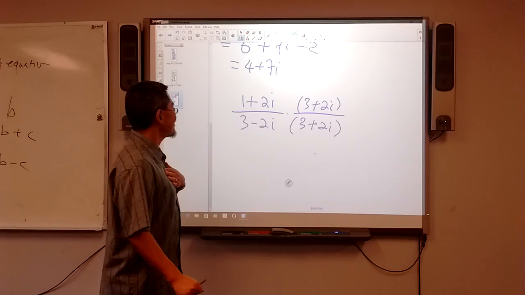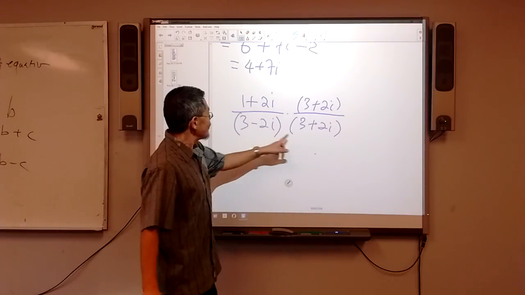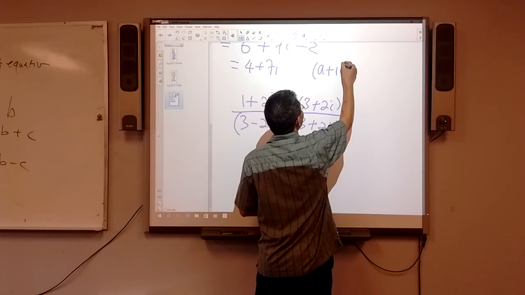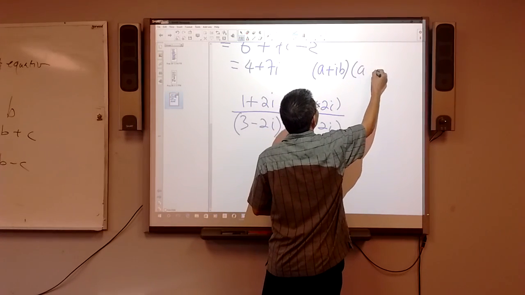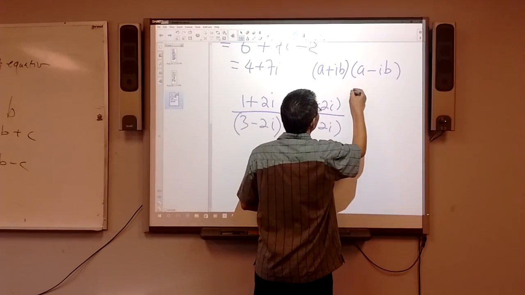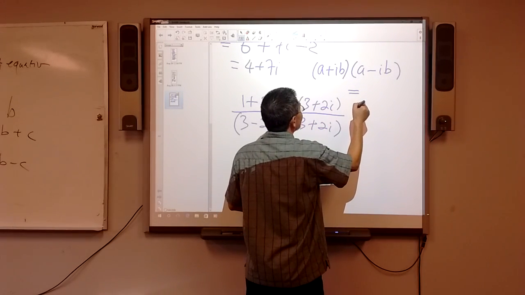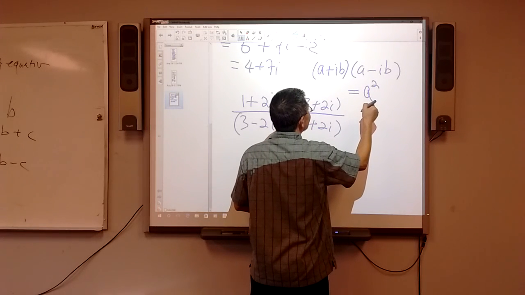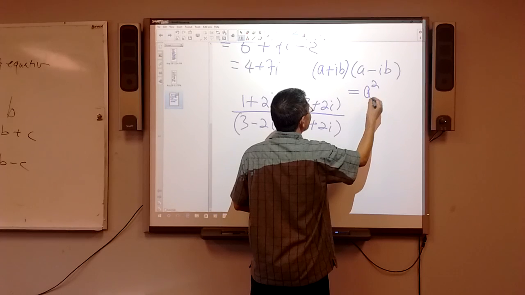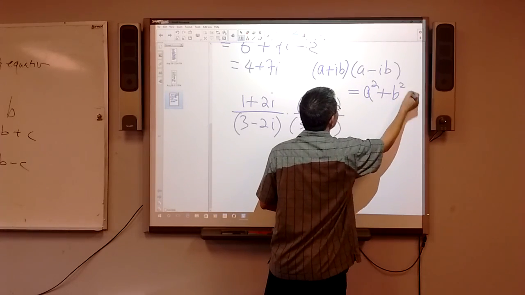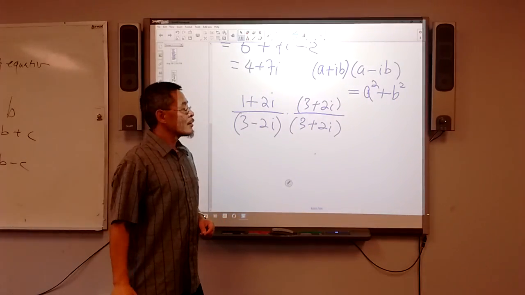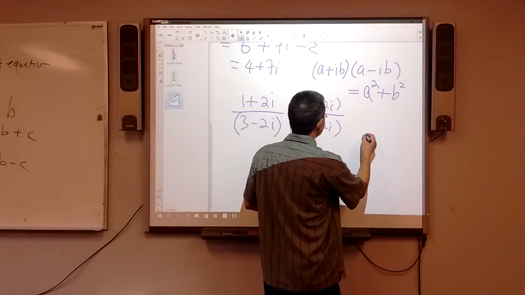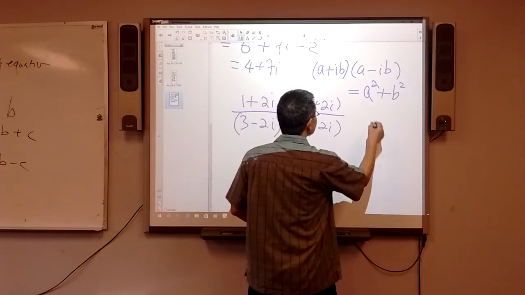Here, a plus ib times a minus ib gives us a squared plus b squared, and you can verify it.